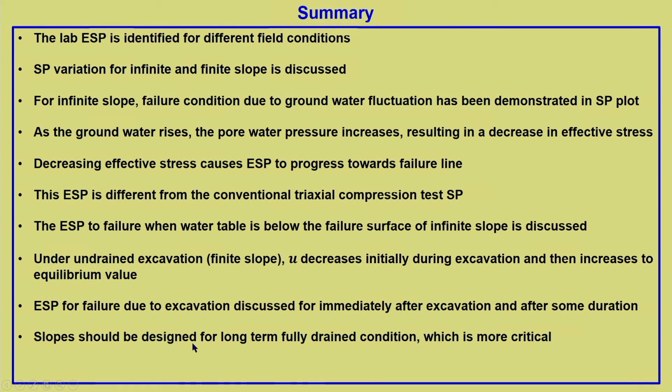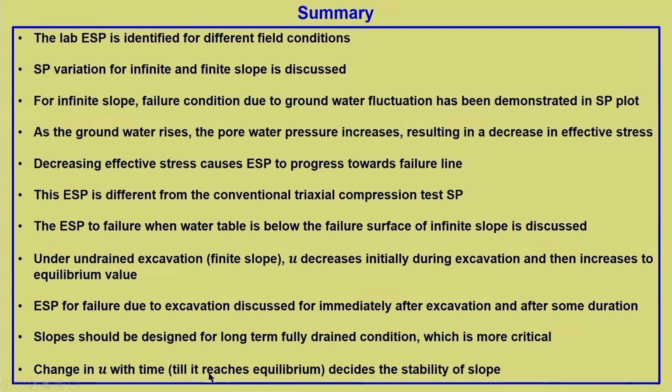Slopes should generally be designed for the long term fully drained condition, which is a more critical condition, because generally it does not fail because of the change in pore water pressure. So, once the equilibrium pore water pressure is achieved, that determines whether the slope is stable or not, and this is particularly applicable for excavation. Change in U with time till it reaches equilibrium decides the stability of the slope.